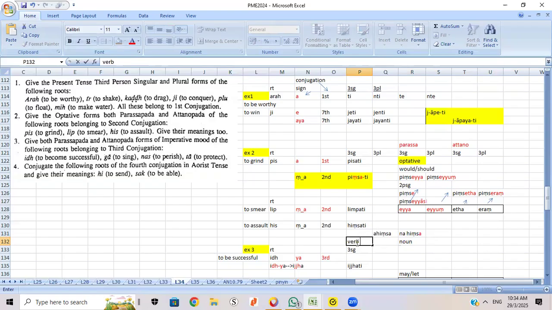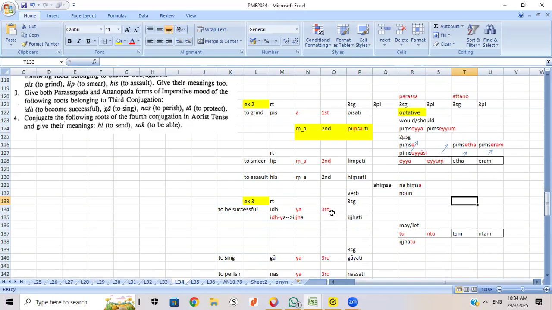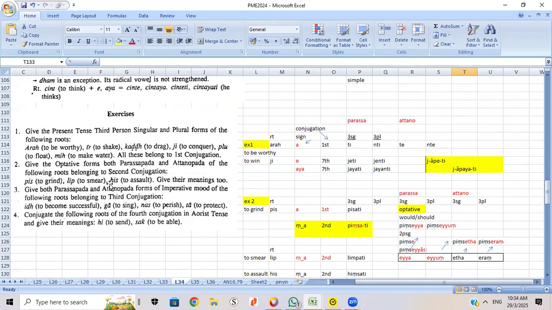You see now these two. So a root can form a verb and a noun, provided you know. In this particular case, you can see a verb and a noun. Whenever I can recall, I will give you an idea. So this is still up to here. So this is number 3.